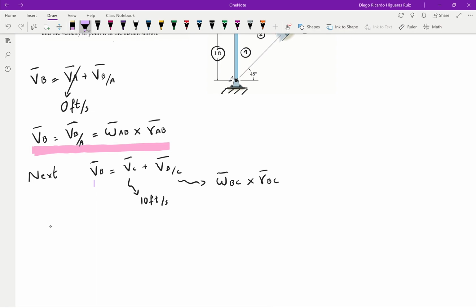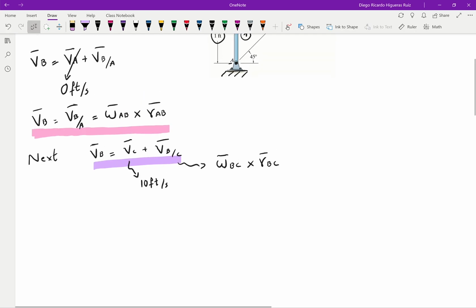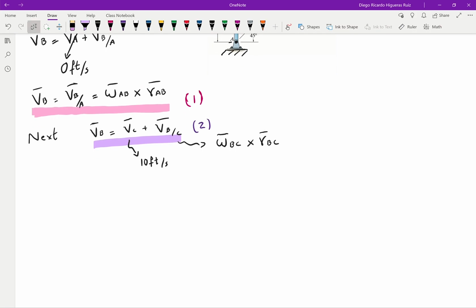I'm going to call this one 2 and this one right here 1. I'm going to solve for B. Then what I'm going to say is basically 1 is equal to 2.